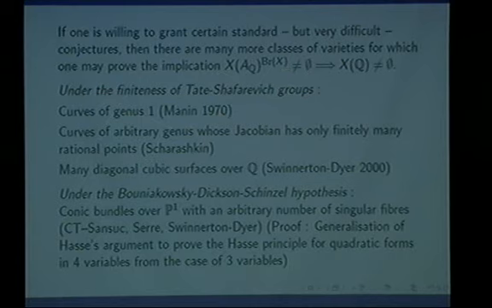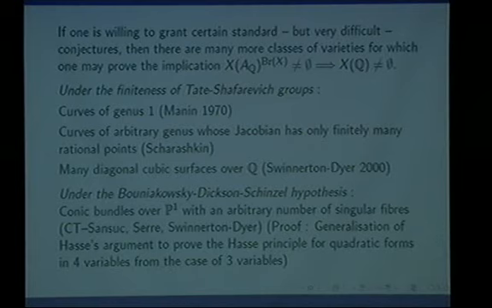The other wild hypothesis which we've thrown in here, and quite often when we mention this people react in horror, is the Bunyakovsky-Dickson-Schinzel hypothesis. Now, who knows about the Schinzel hypothesis here? Okay. Now it's very simple.